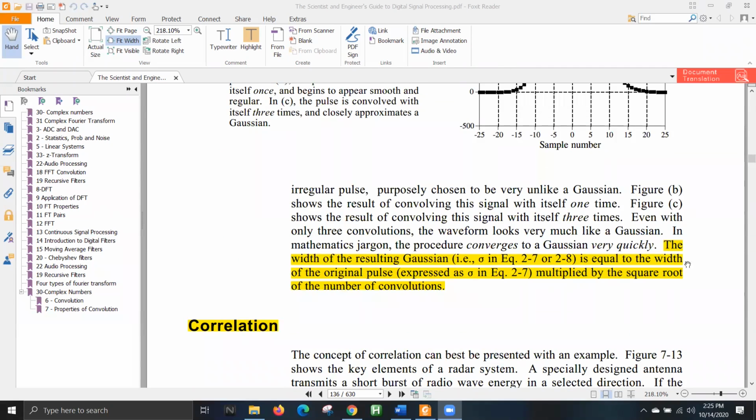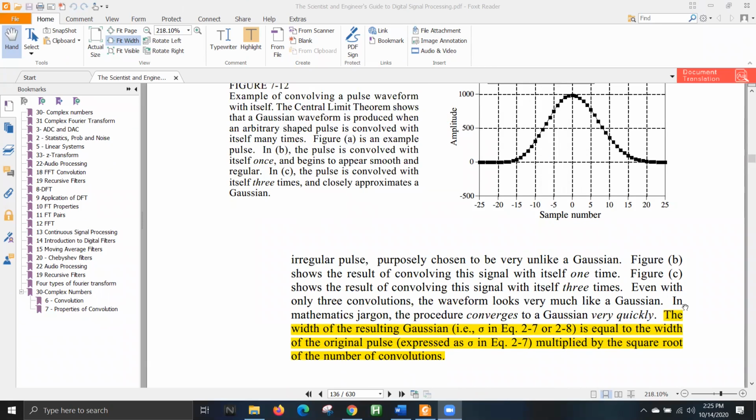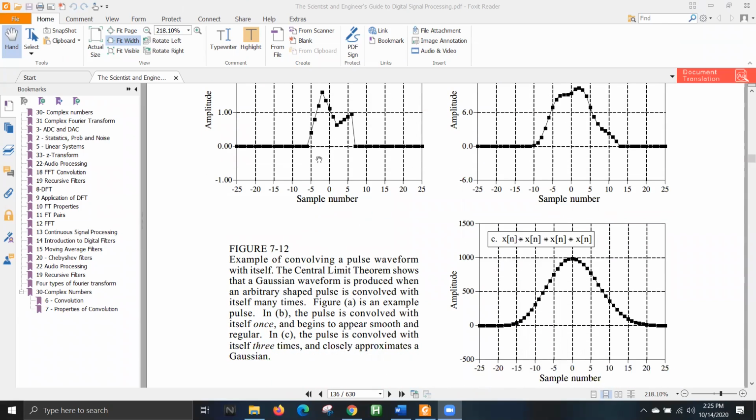So this is just what it says here. Notice that the width of the resulting Gaussian will be equal to the width of the original pulse. Whatever the width was here, from -5 to something a bit more than 5, the main width of the Gaussian will follow this, and after that particular width, you will see that it exponentially reduces towards 0.